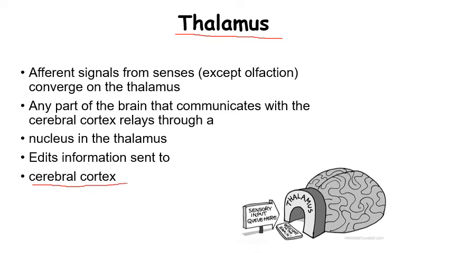It's not just a way station. What they're also finding out now is the thalamus does some editing of information as it goes through there, but ultimately sensory information comes up to the thalamus, and then it is brought out to whatever region of the cerebral cortex that it needs to go to.